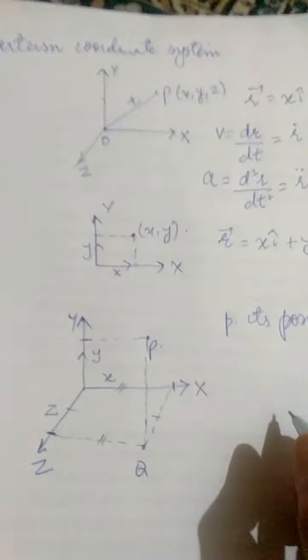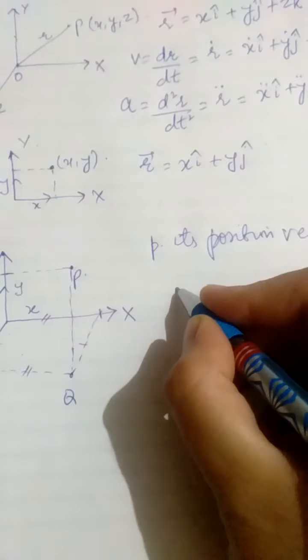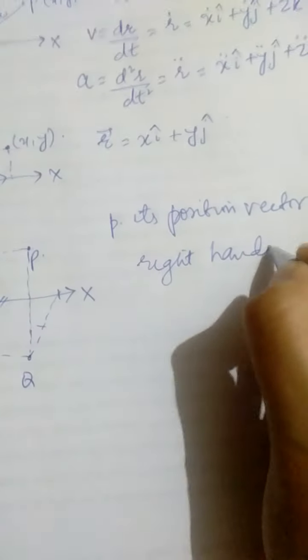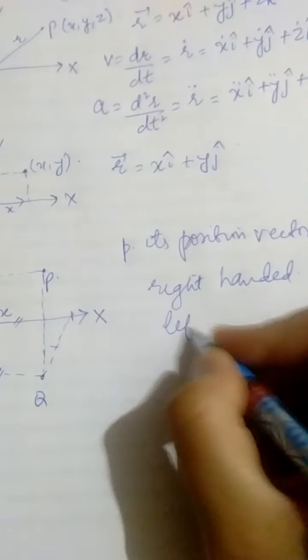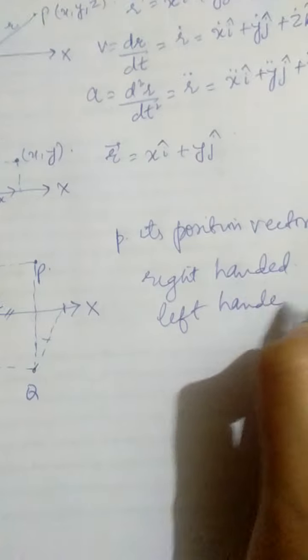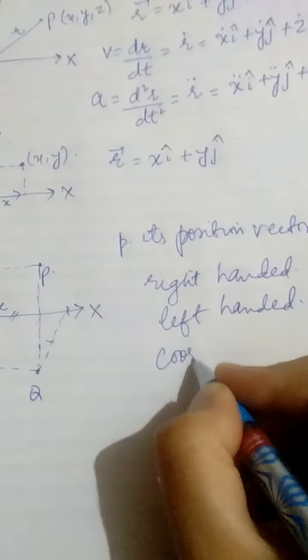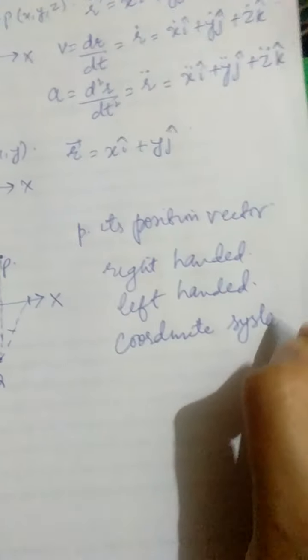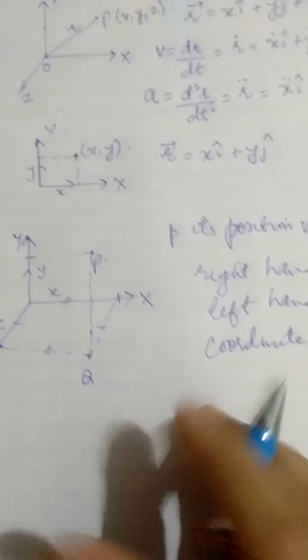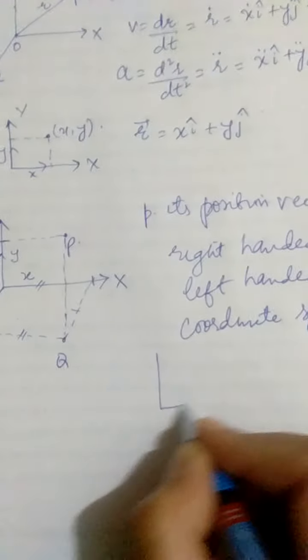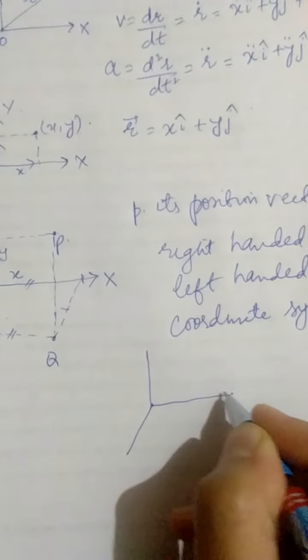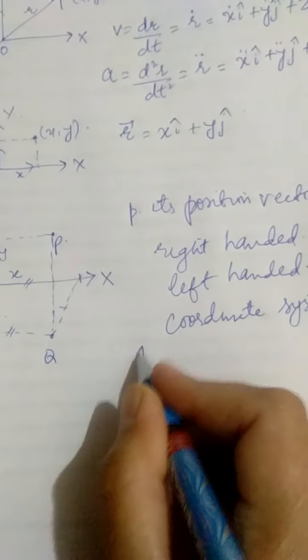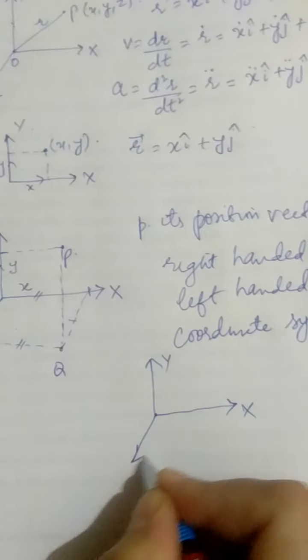Now let us also try to understand what are right-handed and left-handed coordinate systems. For example, if in a three-dimensional coordinate system, this is x, y, and z.